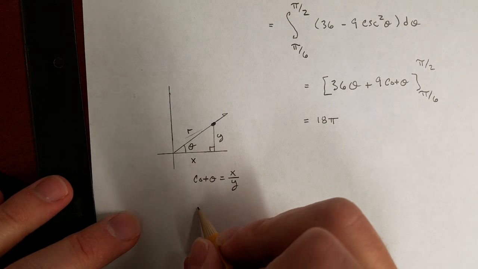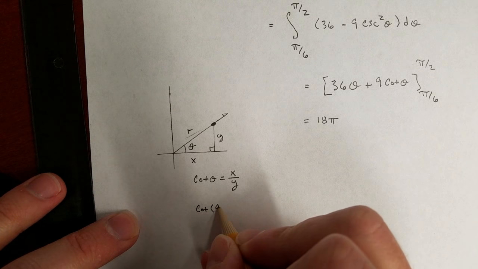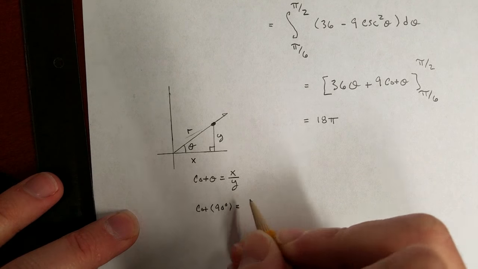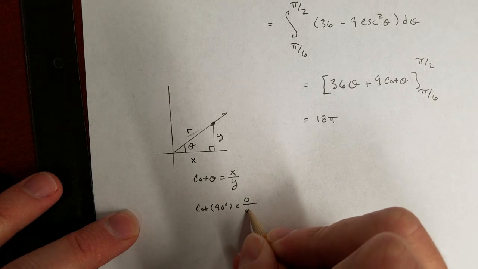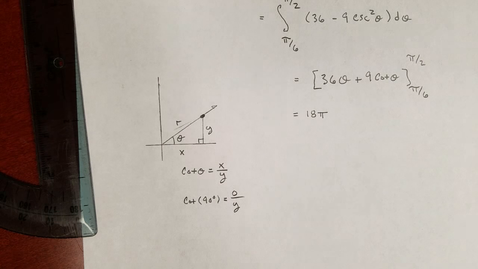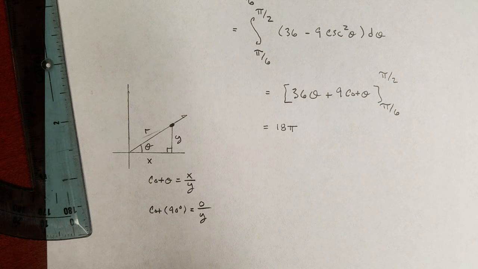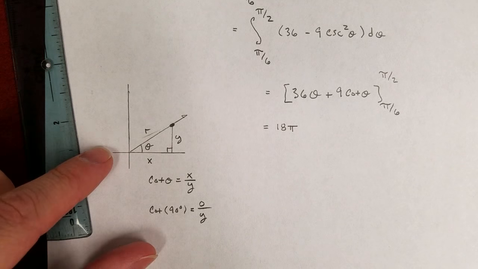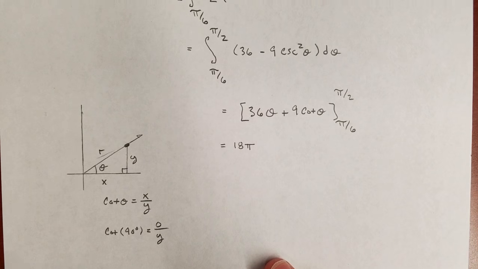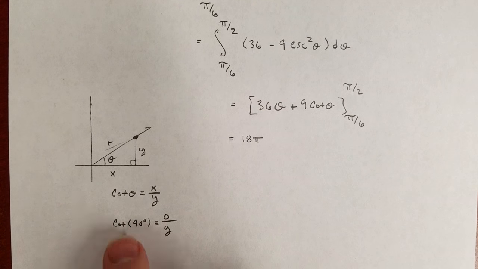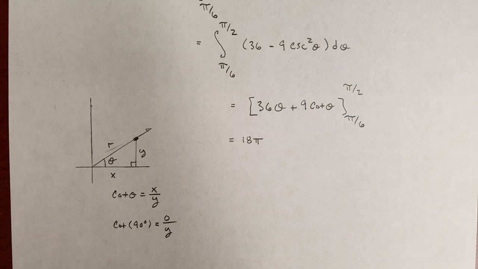So cotangent of 90 degrees would be 0 over y. It's easy to forget about these things. I'm not saying that's the only way to figure out cotangent of pi over 2, but this is the fundamental definition. Even though we don't use it all the time, let's not forget that that's how things are done at the most basic level.